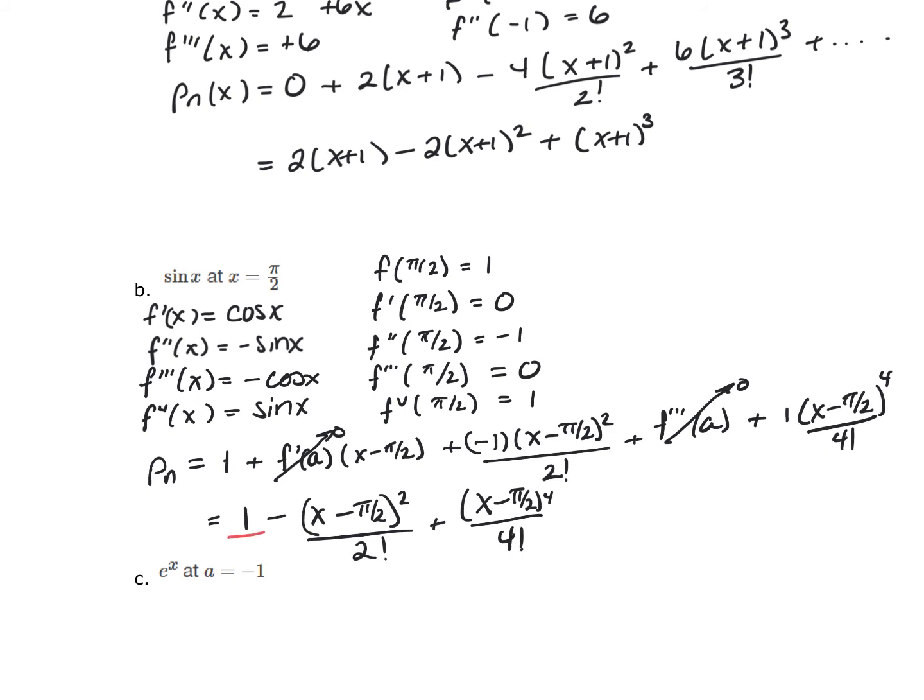If I wrote this as 1 over 0 factorial, I can also write this as 1 times x minus pi over 2 raised to the 0. You can see the pattern here. The pattern is it's going to alternate.